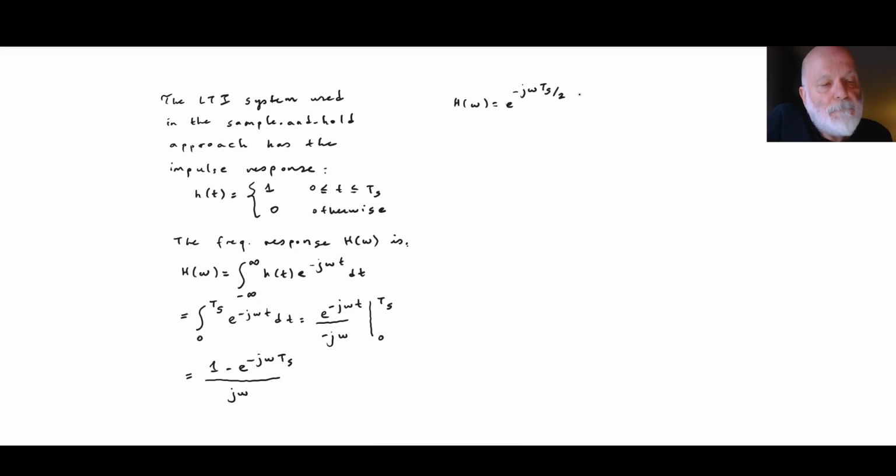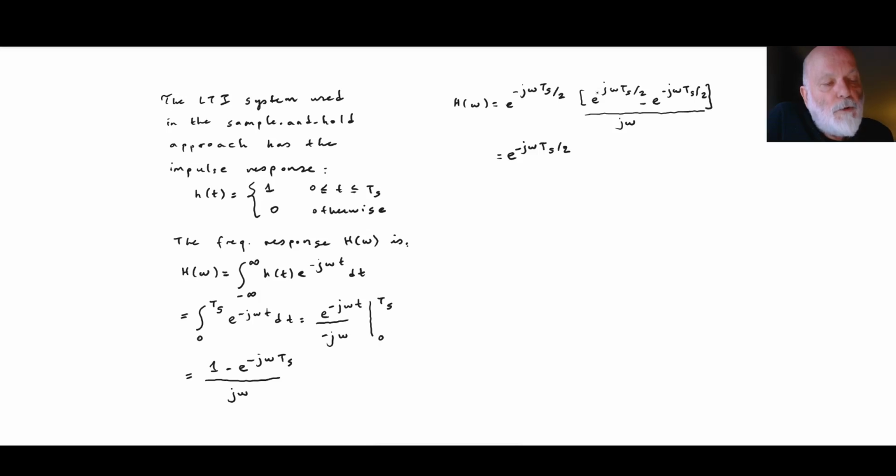So we have e to the j omega Ts over 2 minus e to the minus j omega Ts over 2, and in the denominator we have j omega. So it is equal to e to the minus j omega Ts over 2.